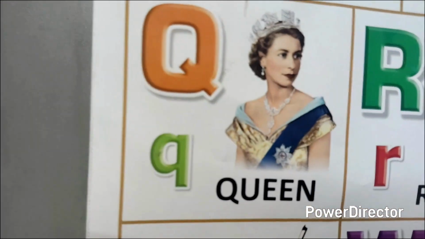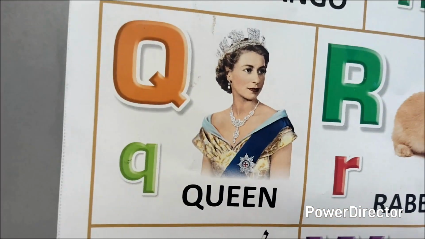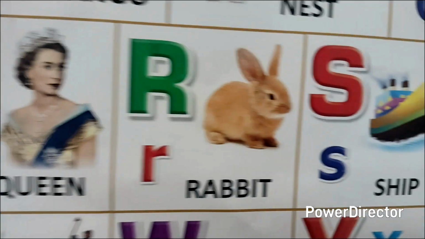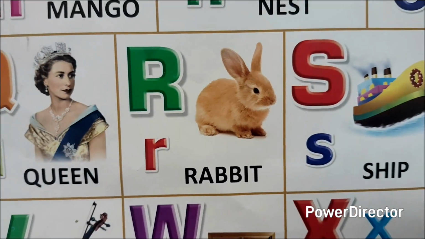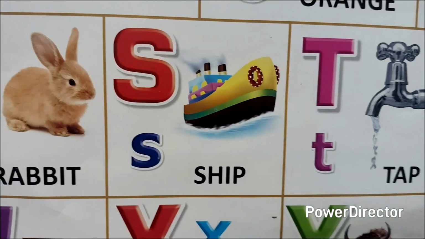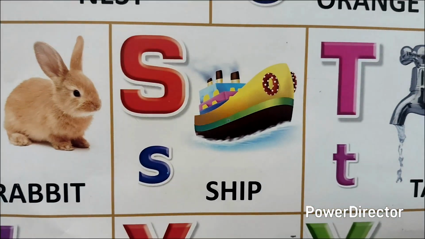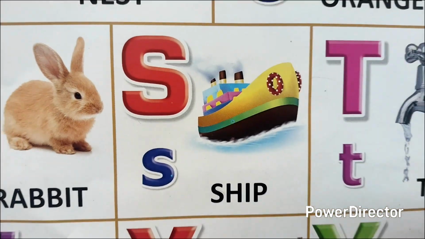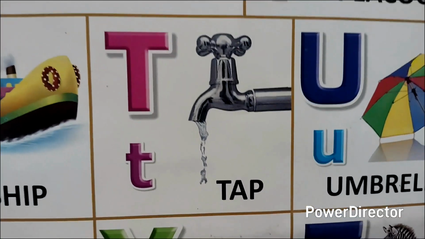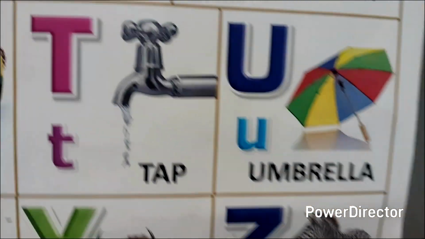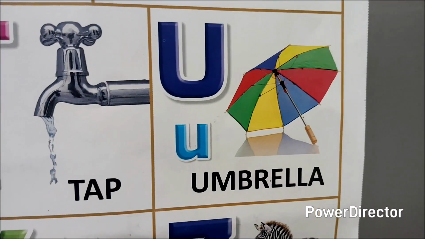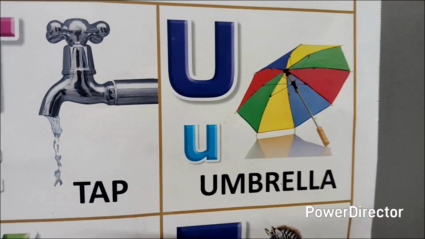Q for queen. R for rabbit. S for sheep. T for tap. U for umbrella.